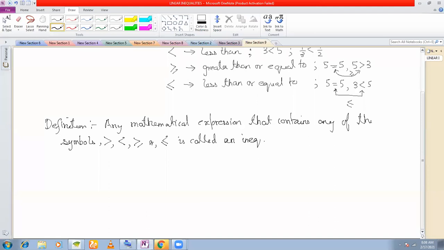And why linear inequality? We'll see. I'll show you why when I'll be giving you examples. I'll show you why they are called linear.